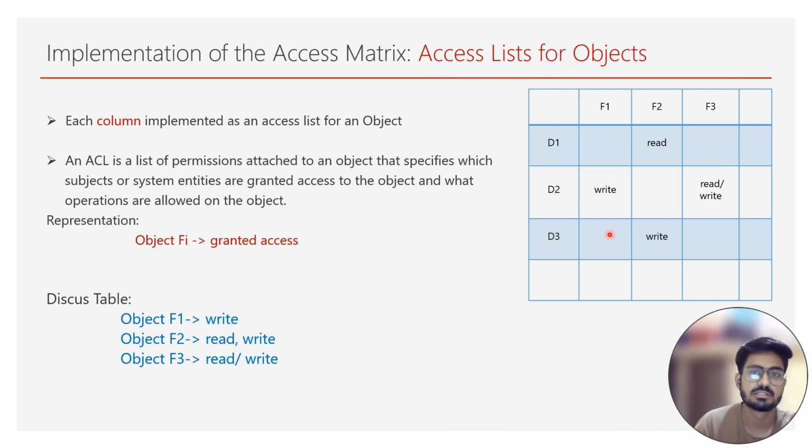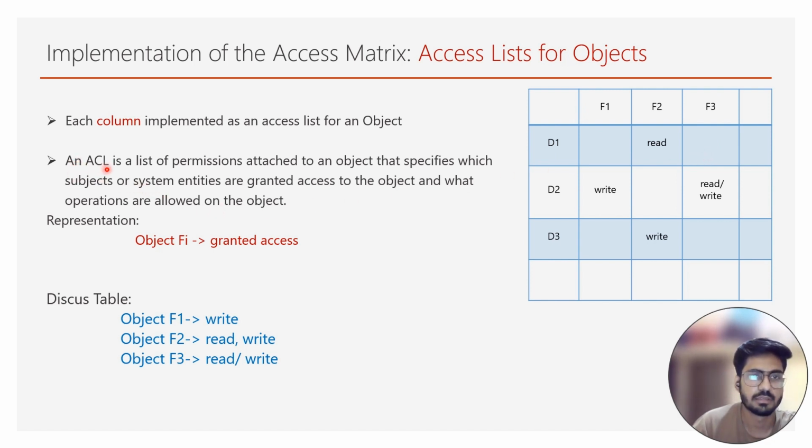The second one is the access list for objects. Each column is represented as an access list for an object. Here the concept is only for the column: the columns F1, F2, and F3. Suppose there are three domains D1, D2, and D3, and the objects F1, F2, and F3.